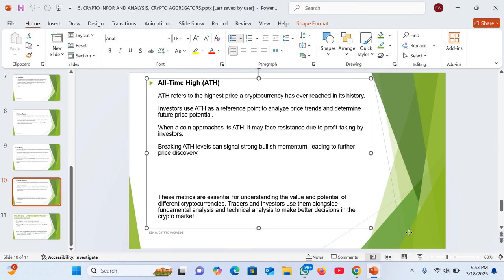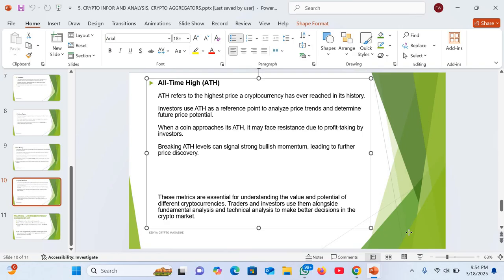And in 2024, Bitcoin hit 100,000. It only took Bitcoin 2 years to hit 100,000 from a price of around 20,000. So you can imagine the value of Bitcoin in the next 3-4 years.